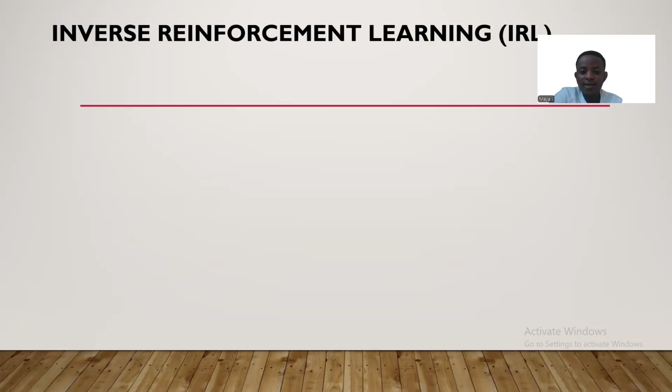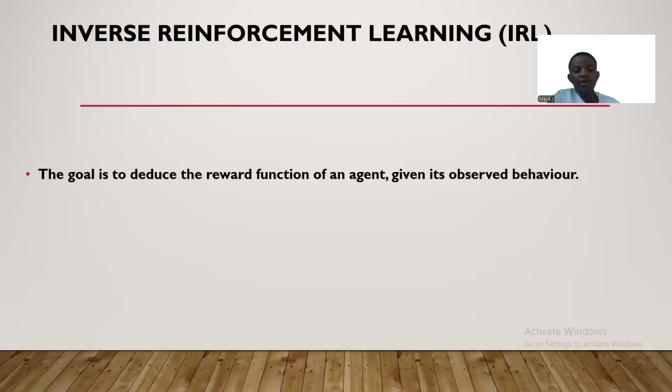And we've said in reinforcement learning, an agent is aiming at maximizing the cumulative reward by learning optimal policy. But here, in this case of inverse reinforcement learning, the reward function, first of all, is unknown.